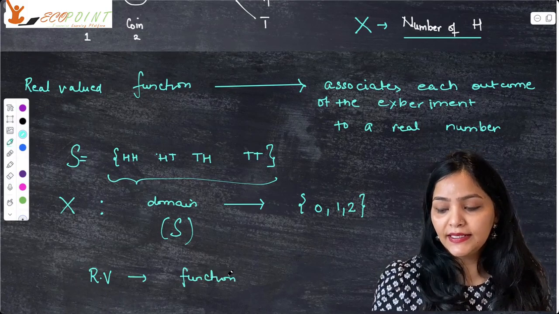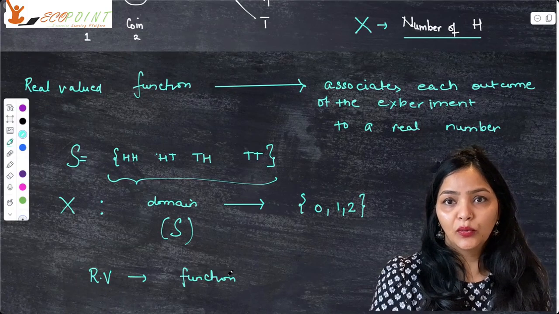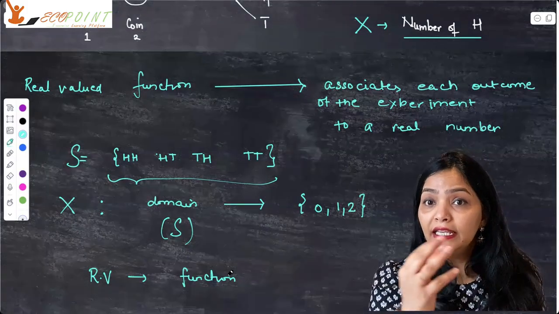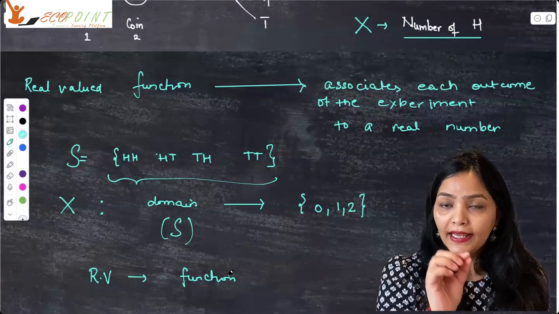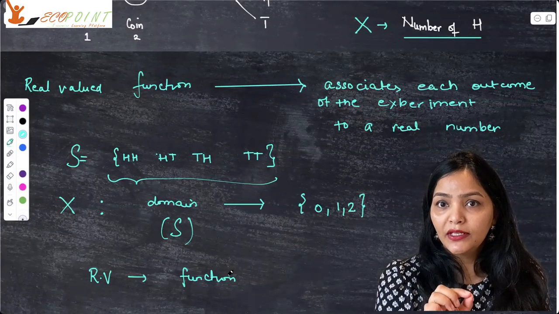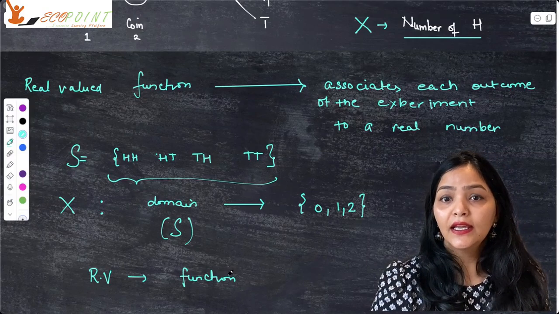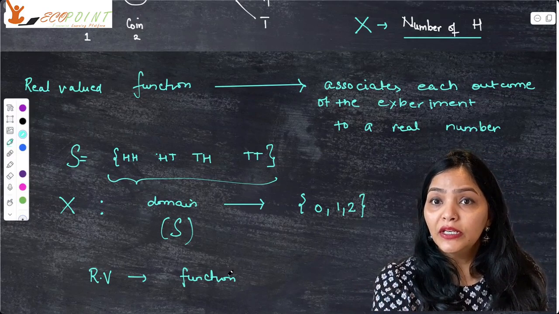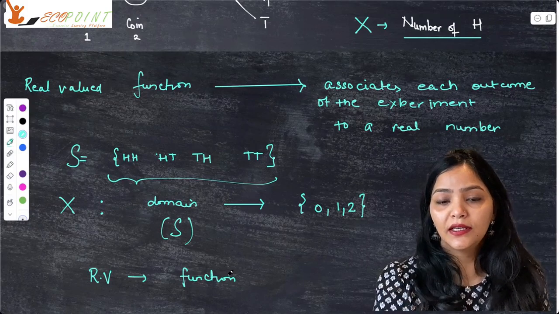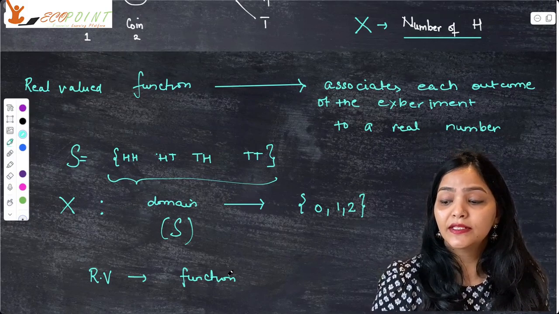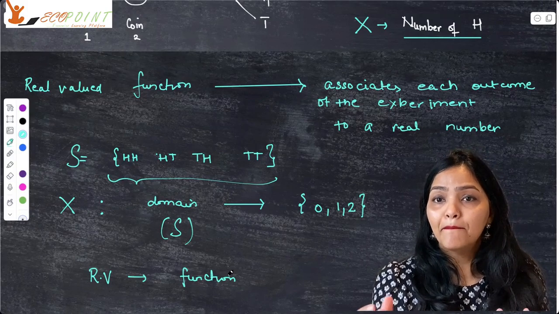Because mathematically speaking, what is it doing? It is giving a unique image. Every outcome in your experiment, according to the variable that you are taking, will take up a unique number or a unique image. That is why a random variable is a function or a mapping.